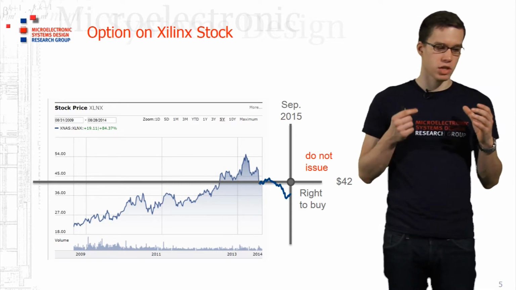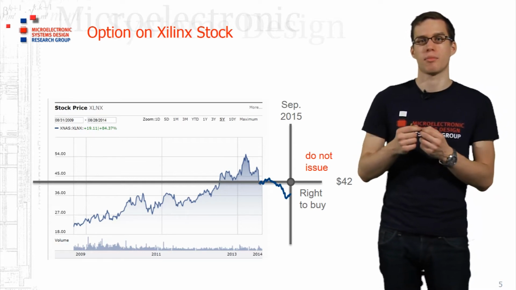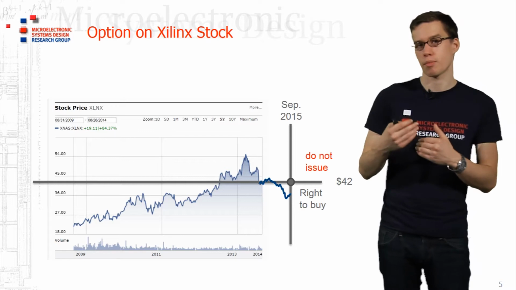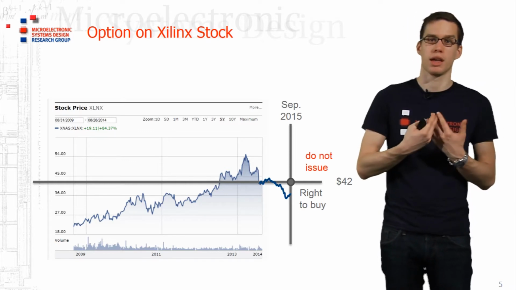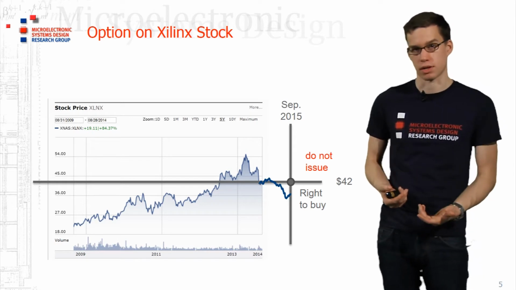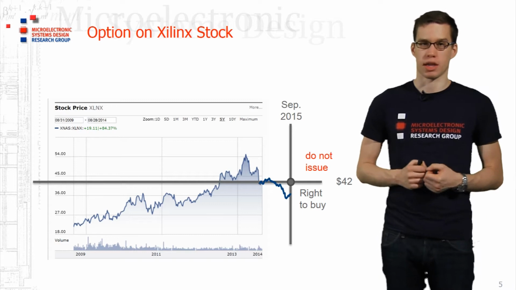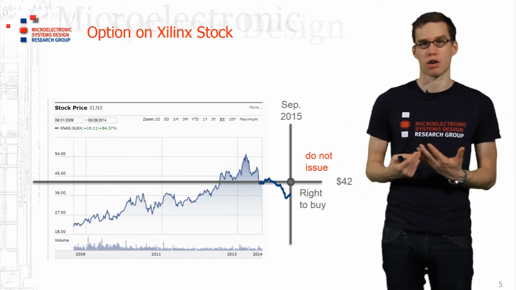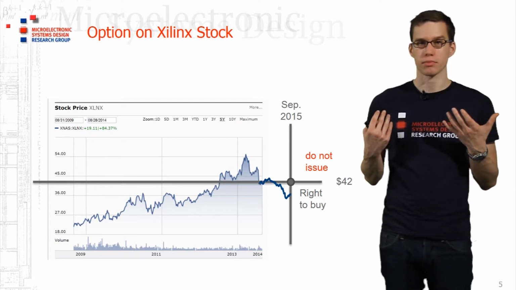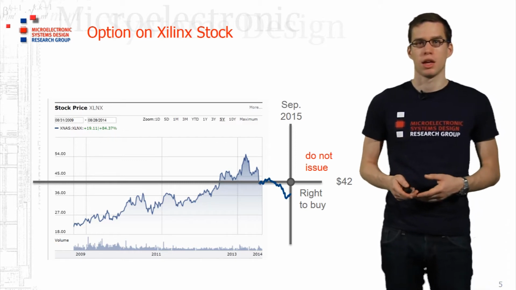And so with the option, we can make a bet on the future. When the stock price goes up, we make a profit. When the stock price goes down, we make no profit. So we always make a profit with the option. And that means the option will cost us some money. And the question is, how much is an option worth?